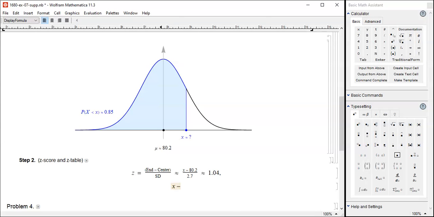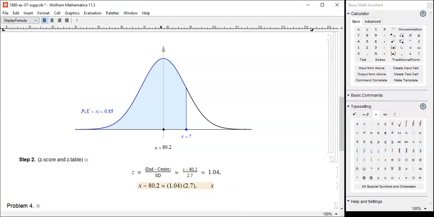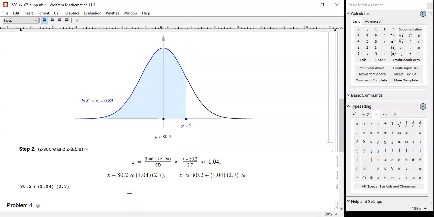So x minus 80.2 is approximately equal to 1.04 times 2.7. And flip this 80.2 to the other side, and I get x is approximately equal to 80.2 plus 1.04 times 2.7, and that's approximately equal to something, and let's do the computation.